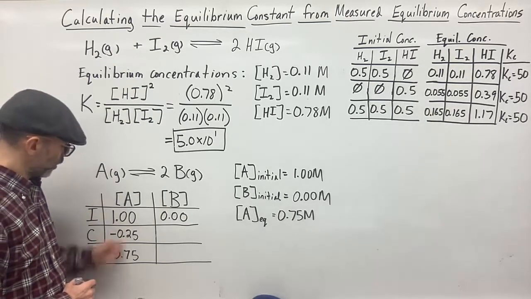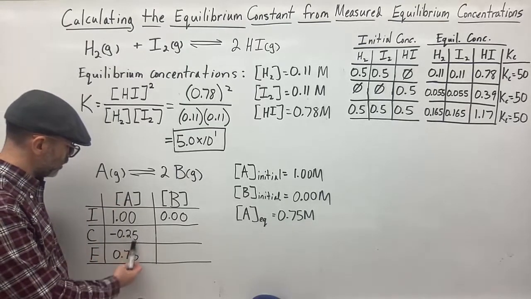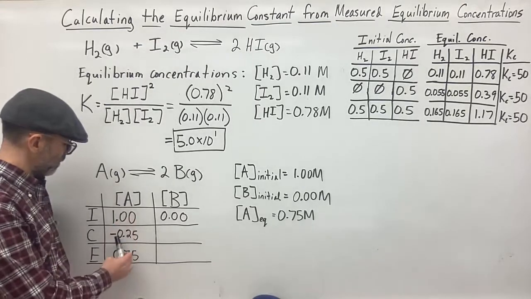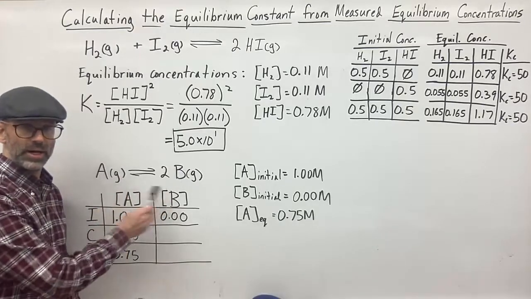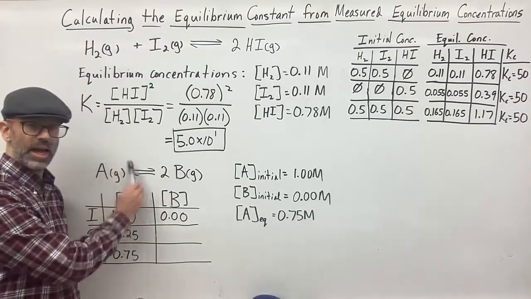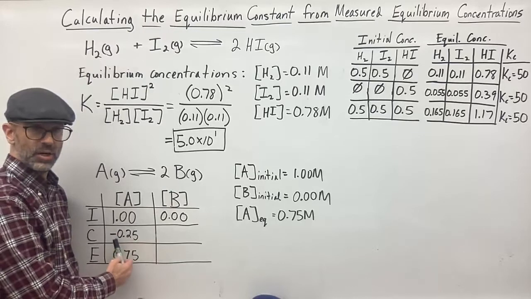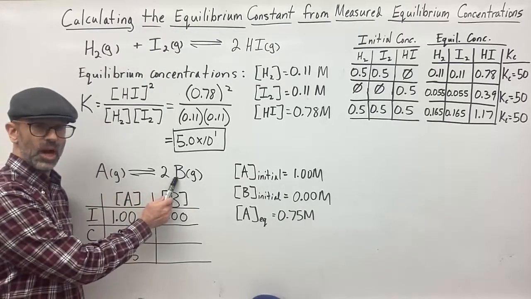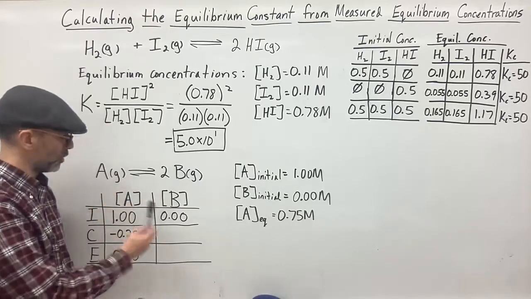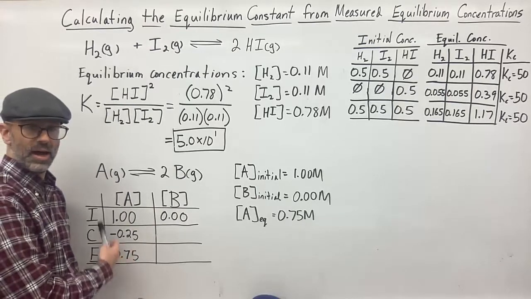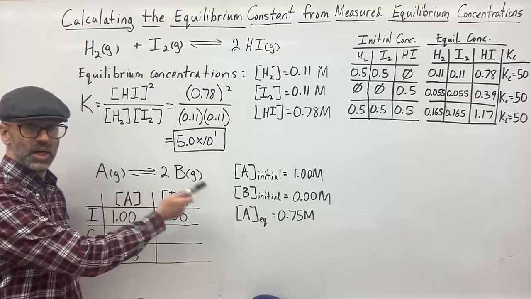So with that, if I know that I lost some of my A, that means that this A became B. So this is where the balanced equation is really important. So I know that for every A I lose, I gain 2B. So here I lost 0.25. Since B is doubled in comparison to the loss of A, then I need to double the amount. I'm losing reactant, so the reactant is becoming product.